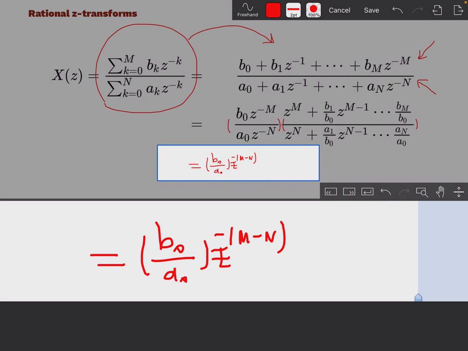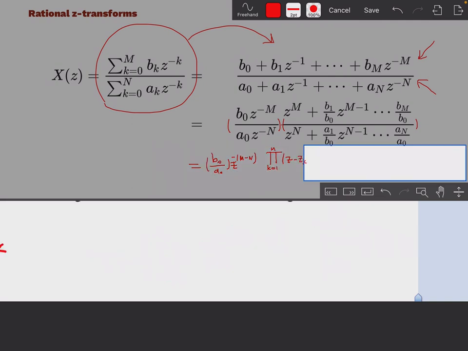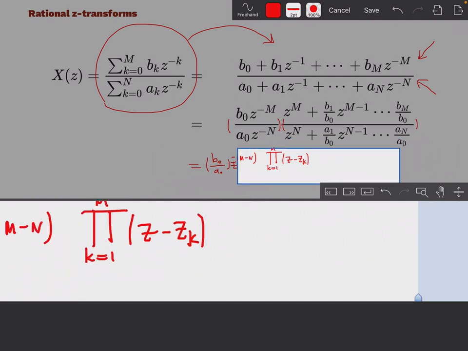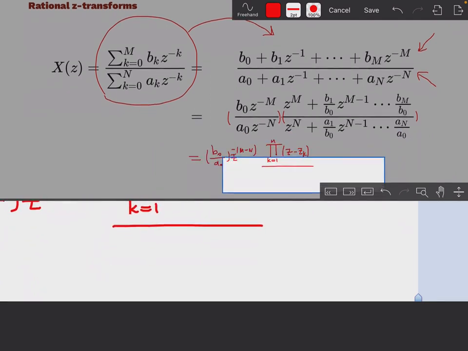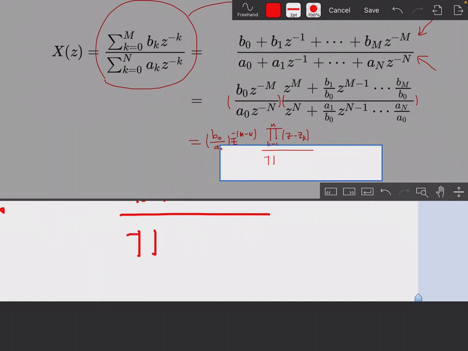And the second term we're going to write as a ratio of two products. So k from 1 to m, z minus z sub k, over another product, k from 1 to n this time, z minus p sub k.